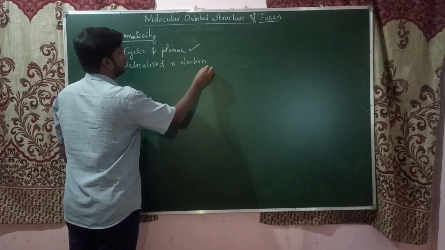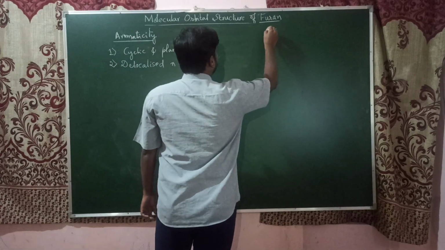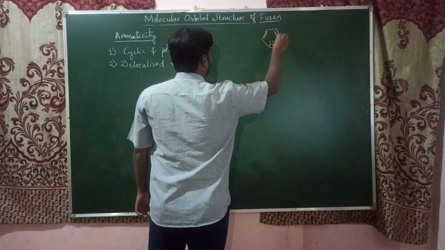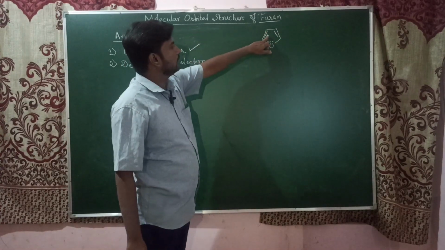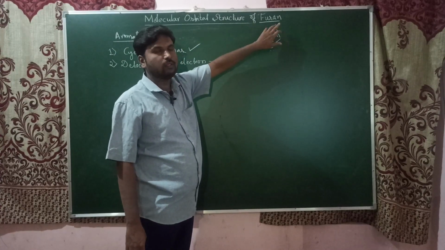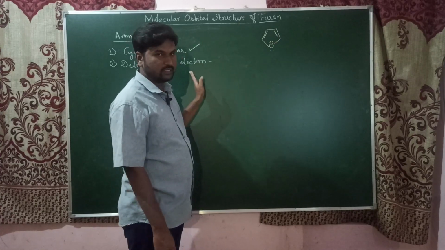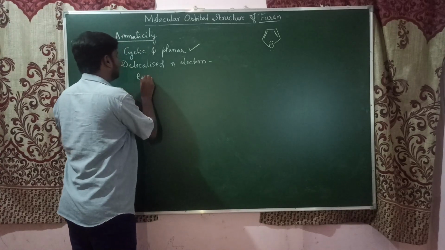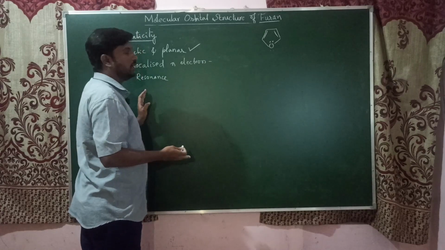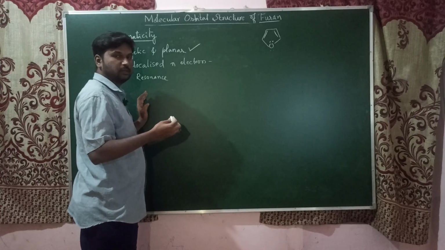If you see the structure of furan, these two pi electrons, this pair of electrons, are involved in the pi cloud. So in total 6 pi electrons are involved in delocalization. This is nothing but resonance. We can see the resonance structures of furan when we discuss reactivity, especially the electrophilic substitution reactions.